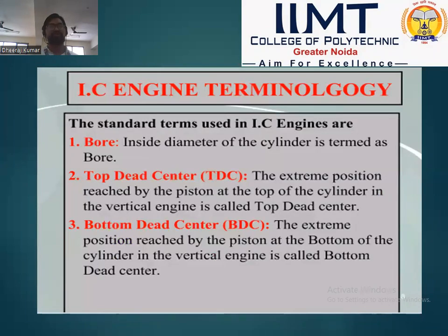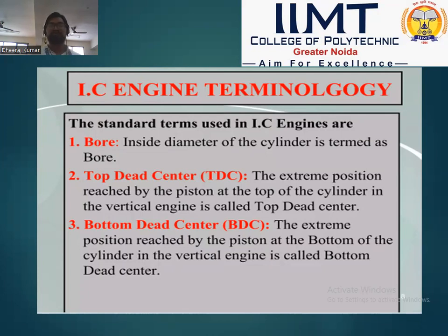Second, top dead center. The extreme position reached by the piston at the top of the cylinder in a vertical engine is called top dead center. In other words, where the piston is moved to the extreme uppermost position inside the cylinder is called top dead center.